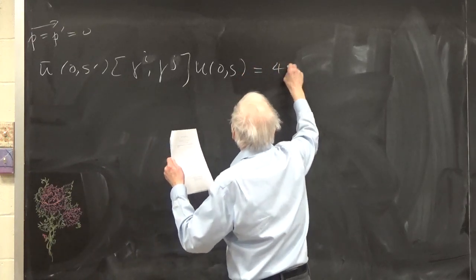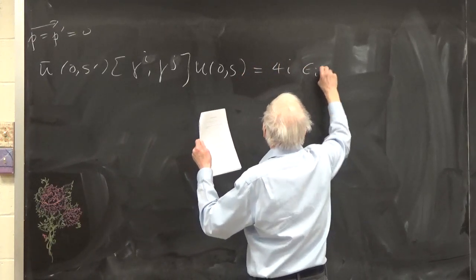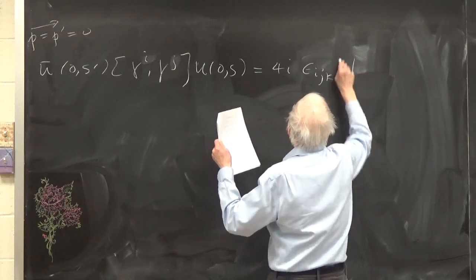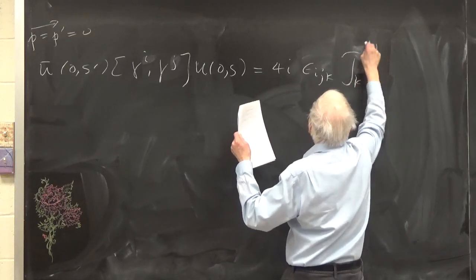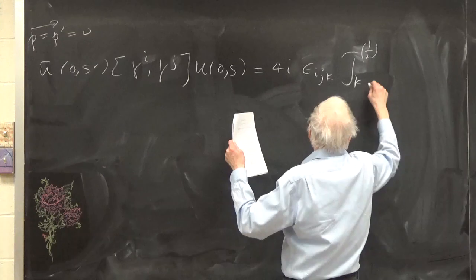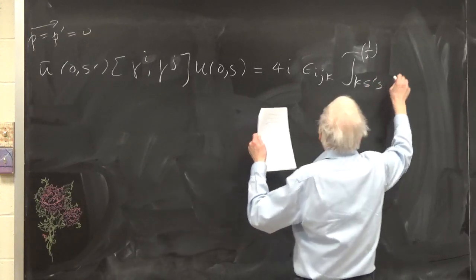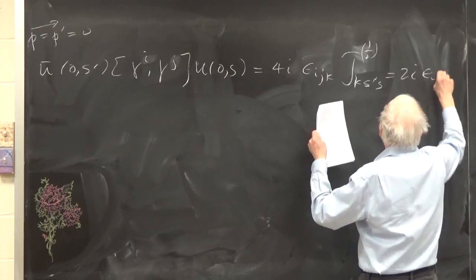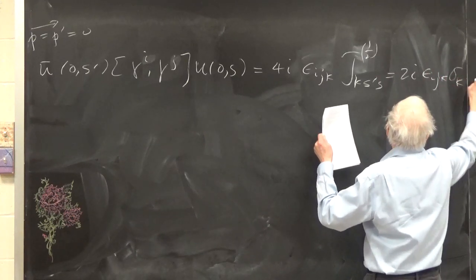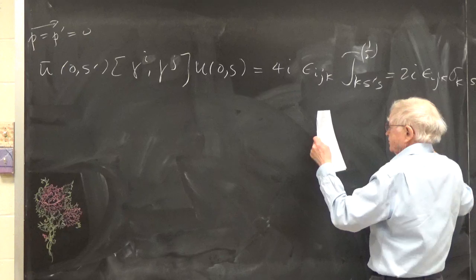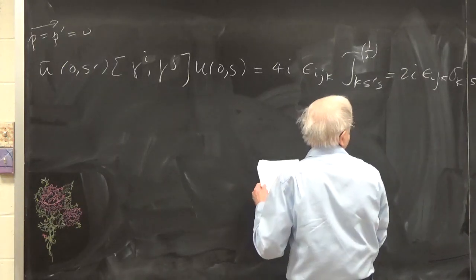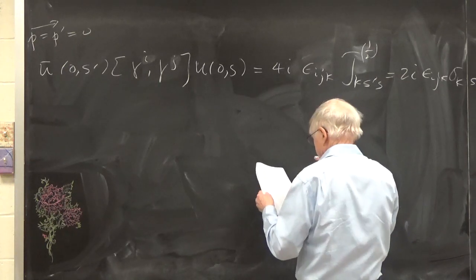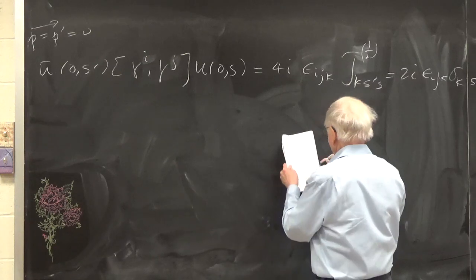This is then 4i epsilon_ijk, jk 1/2, s prime s, which is 2i epsilon_ijk sigma^k s prime s. All right, we need a k on that s.